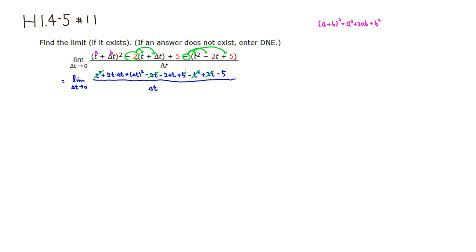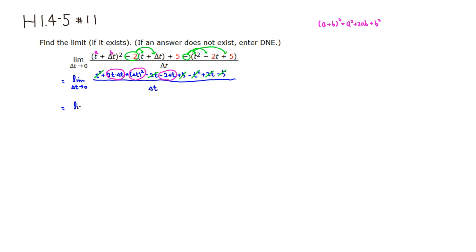And then you have a positive 5, and there's a negative 5, right? So there are 3 terms left over, and since all 3 terms have at least 1 delta t in them, I'm going to factor it out.